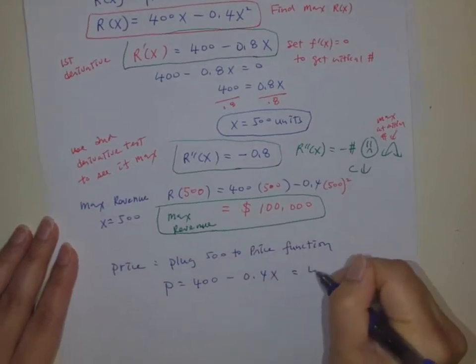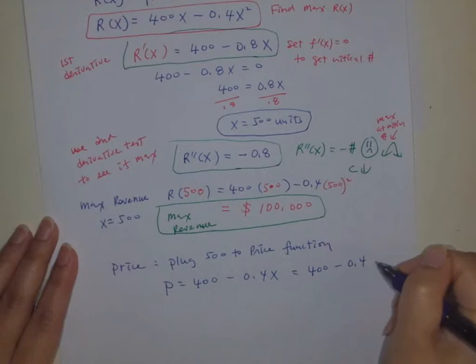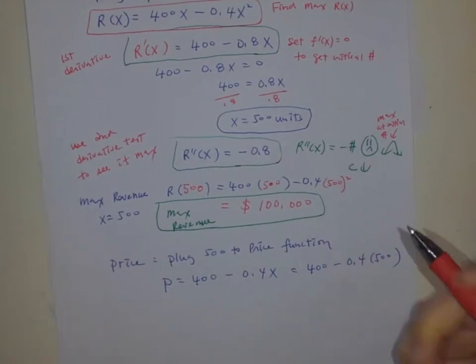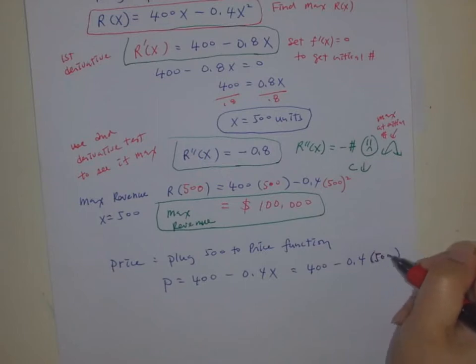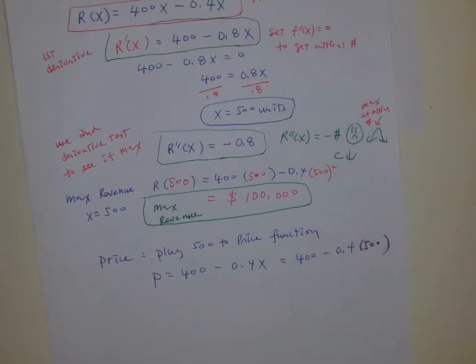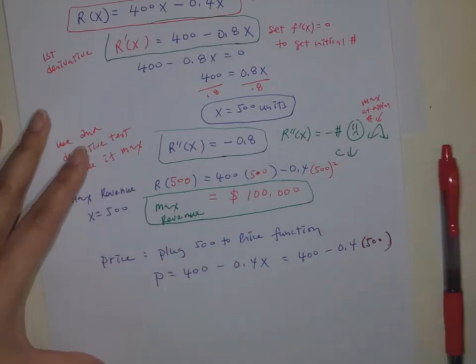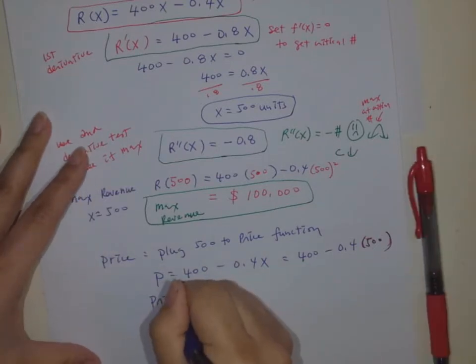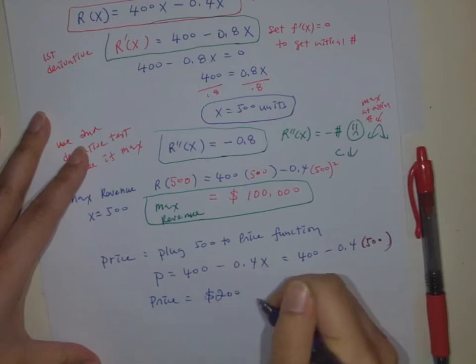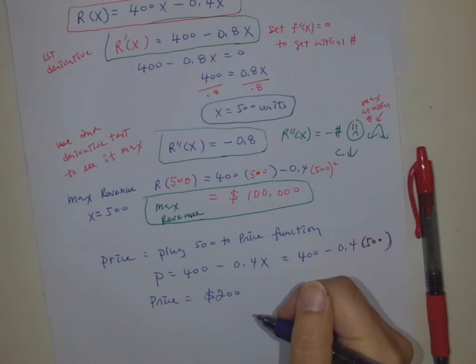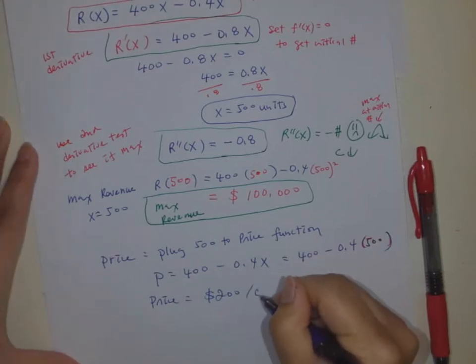So we're going to have 400 minus 0.4 times 500 for the 500 units. If you use your calculator, you should get $200 for the price. This is per camera, right?